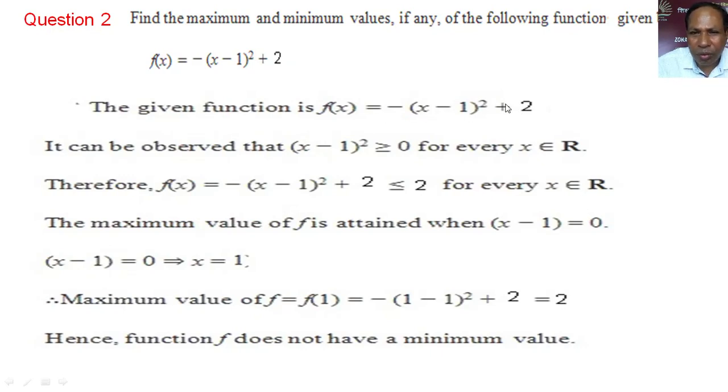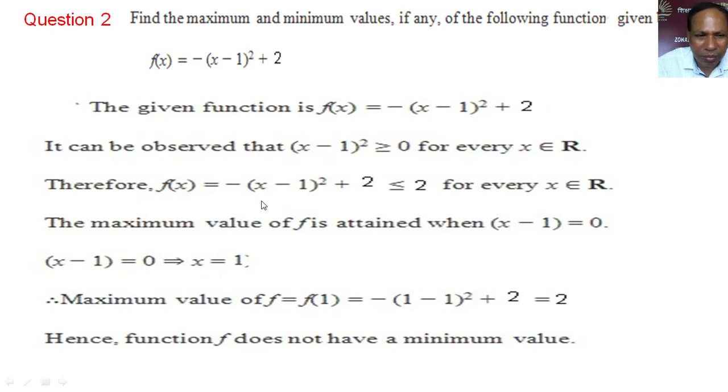And adding 2, we get that this is less than or equal to 2. So that means this function f(x) can take values less than or equal to 2 for all values of x belonging to R. So the maximum value of the function is 2, and that maximum value is attained when this (x minus 1)² is 0.